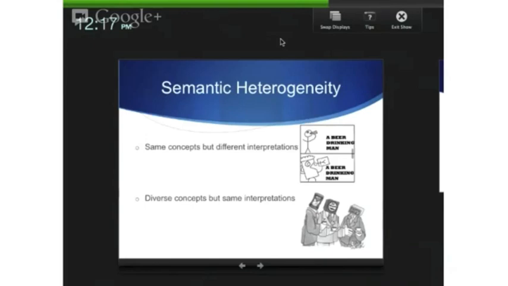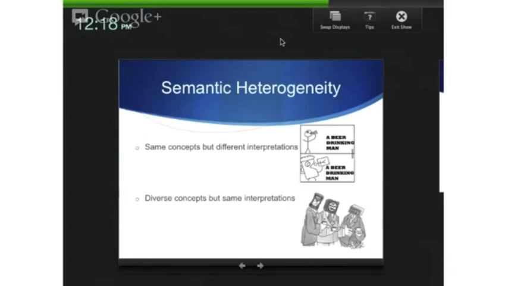The major problem that we often see in databases is the problem of semantic heterogeneity. When there is a change in conceptualization, the underlying interpretation of the concept changes. However, we sometimes leave the name of the concept the same.